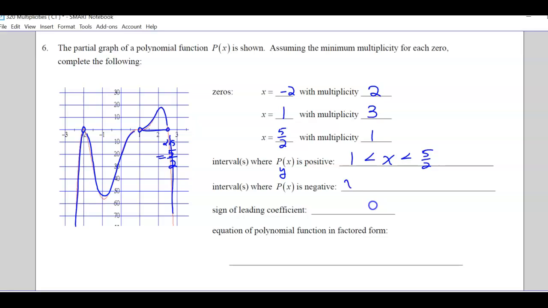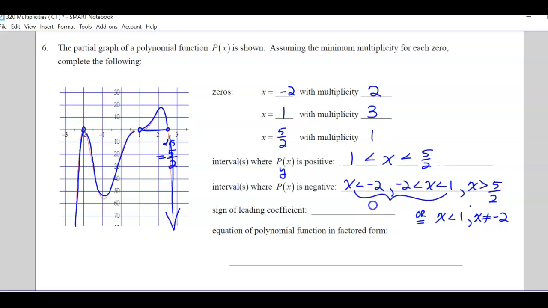So that is x less than negative 2, and then between negative 2 and 1, and then greater than 5 over 2. Okay, now this part here, you could show it as x less than 1, and then x not equal to negative 2, because it's really just 1 point taken out of x less than 1, and then you still have to keep in the x greater than 5 over 2.